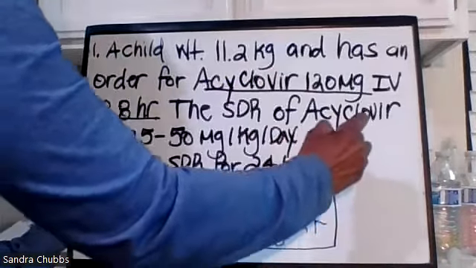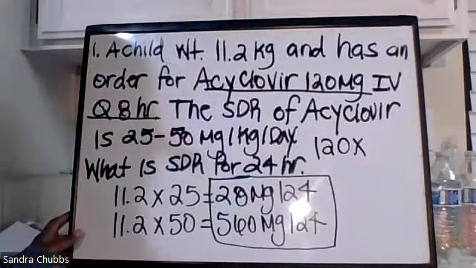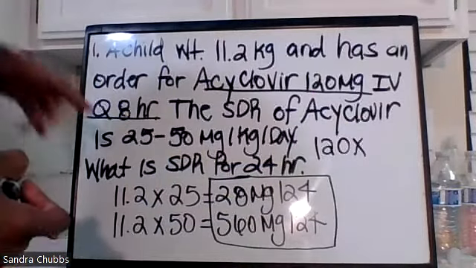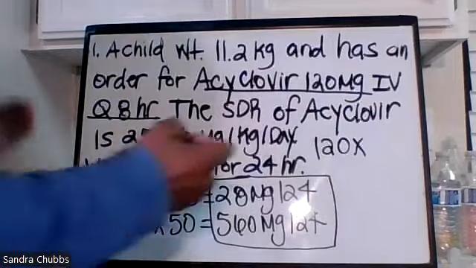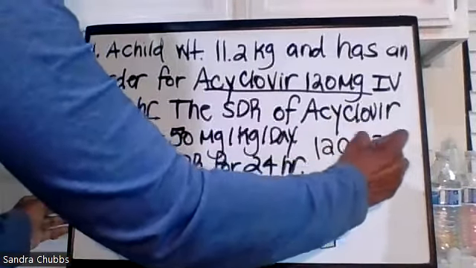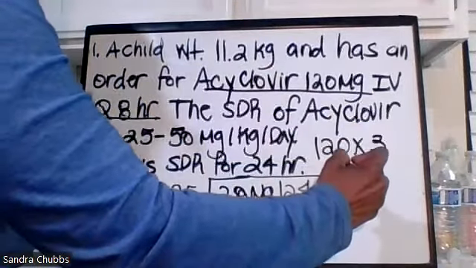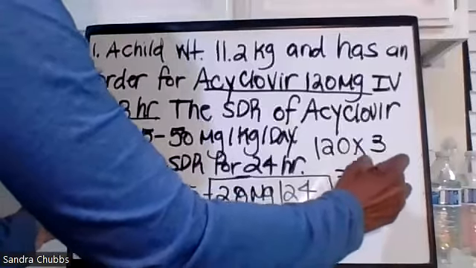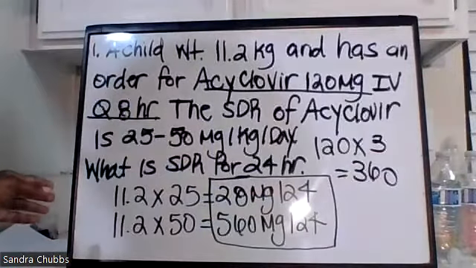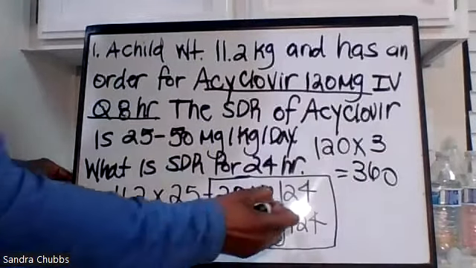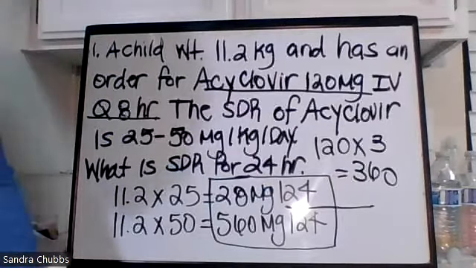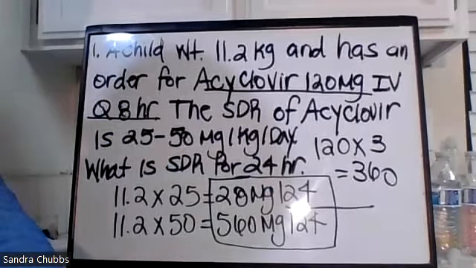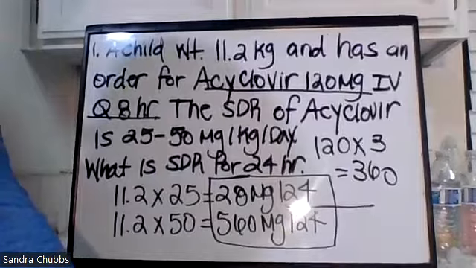We have our 120, which is what the doctor ordered. The frequency is every 8 hours, which would be 3 times. So that would be 120 times 3. The answer comes out to 360. And then we want to know if the 120 milligrams is safe. Yes, because it falls within the safe dosage range. Okay? All right, moving on to the next one.